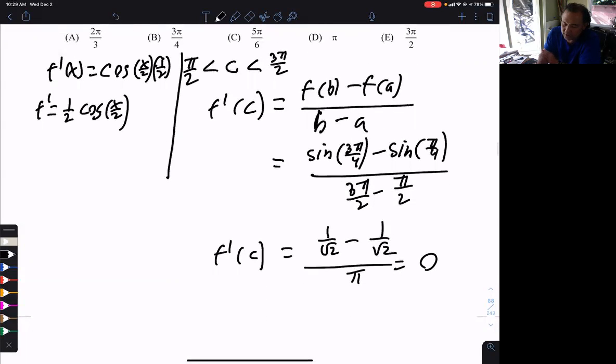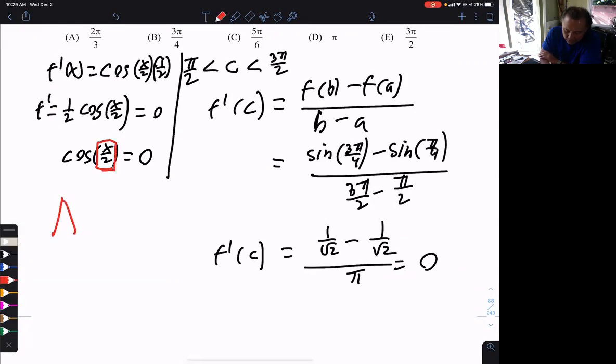Well, now the question is asking, when is this going to be equal to 0? Because that's the average rate of change. So we set that equal to 0, multiply both sides by 2, and it's still 0. And here's a question for you.